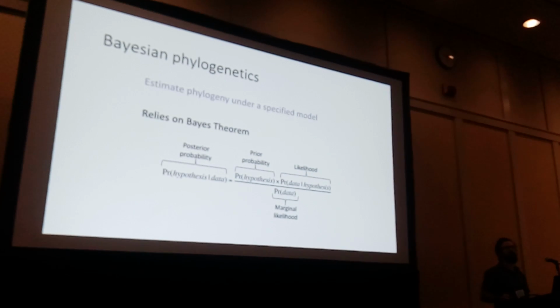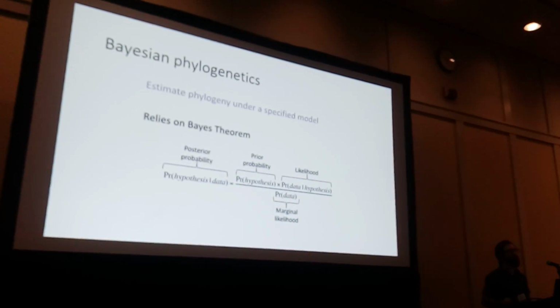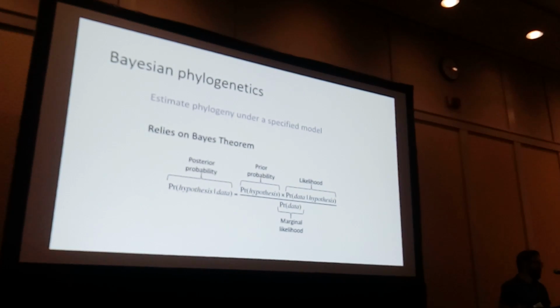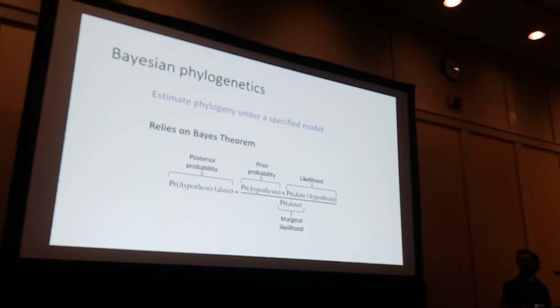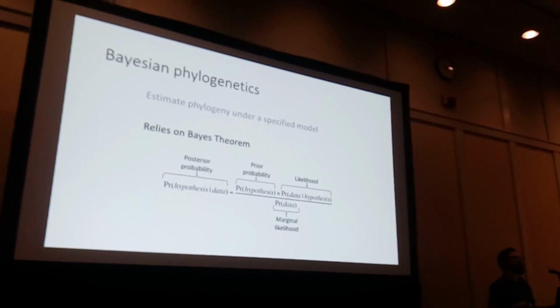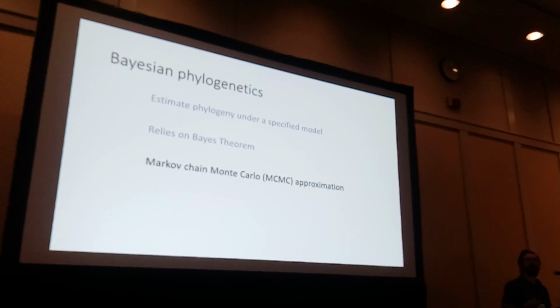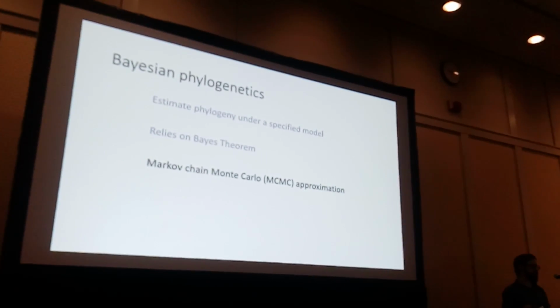That's the probability of the data over all possible hypotheses. And because that's over all possible hypotheses, we really can't calculate that quantity analytically, which means we can't calculate the posterior probability analytically. So instead, what we're left with is using Markov chain Monte Carlo to approximate the posterior distribution numerically.